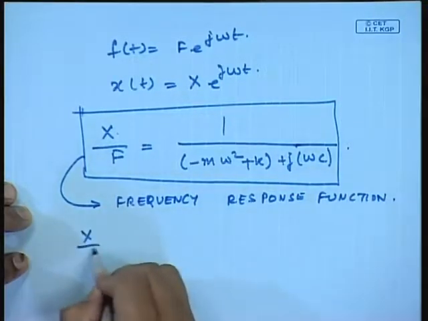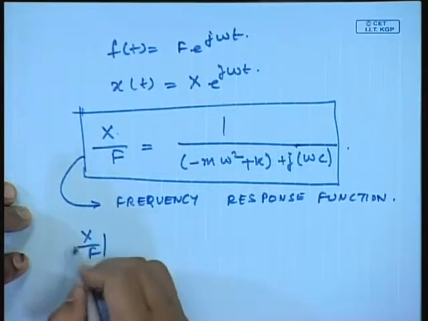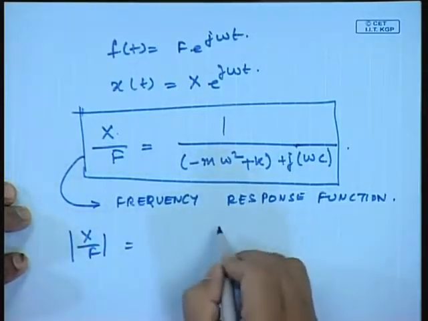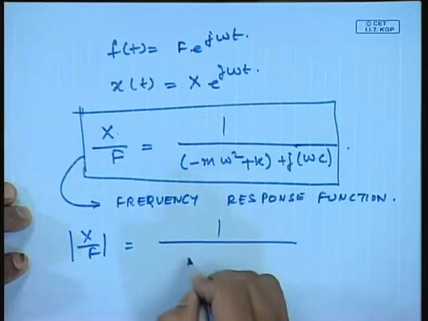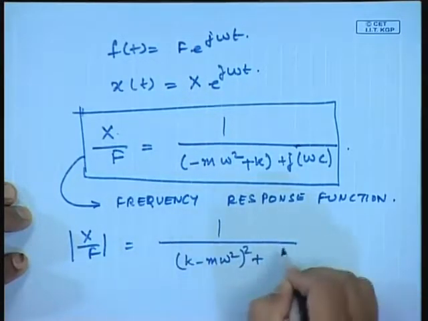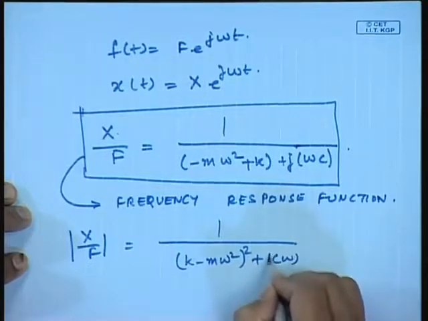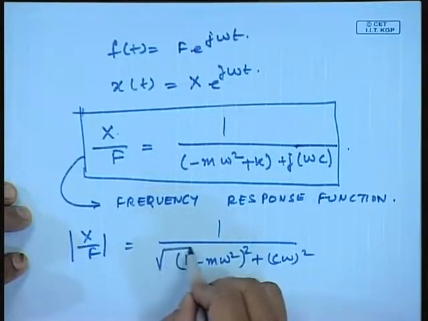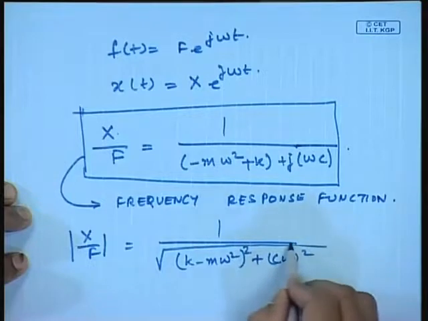The magnitude X by F is given by 1 by the square root of k minus m omega square whole square plus c omega square.